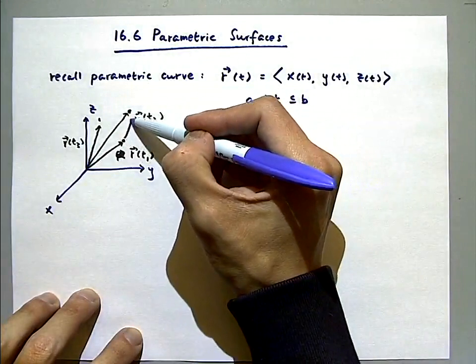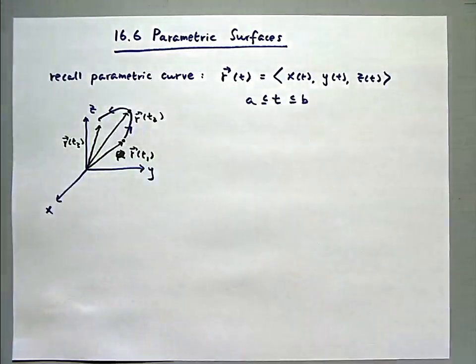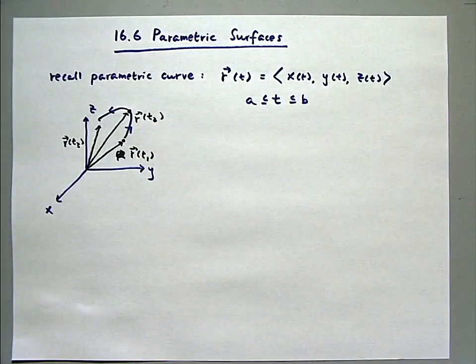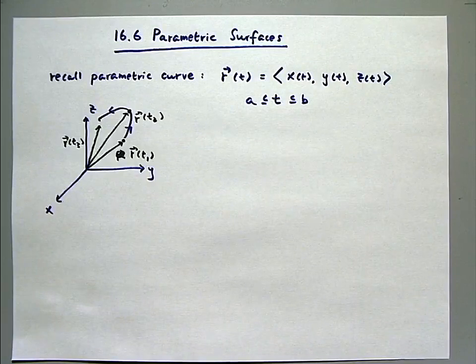Then we simply connect the dots, and we have our parametric curve that has some kind of direction as t goes from A to B. Okay, so that's the idea of parametric curve that we already have been using quite a bit.